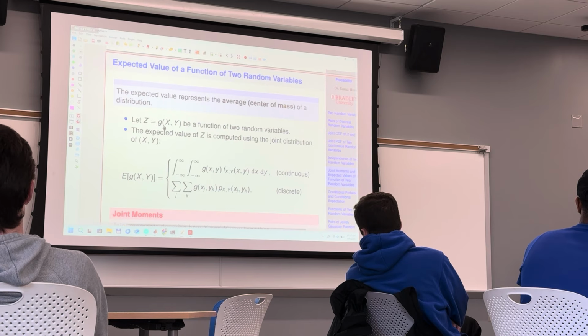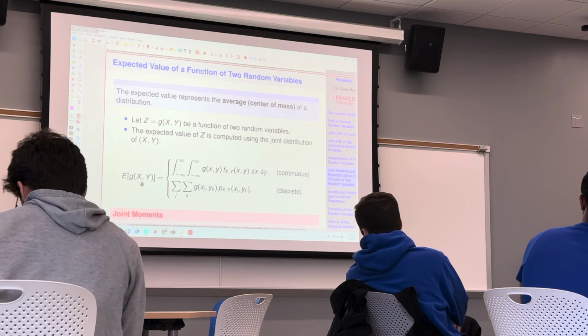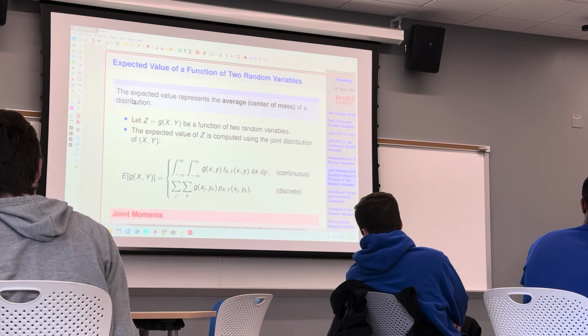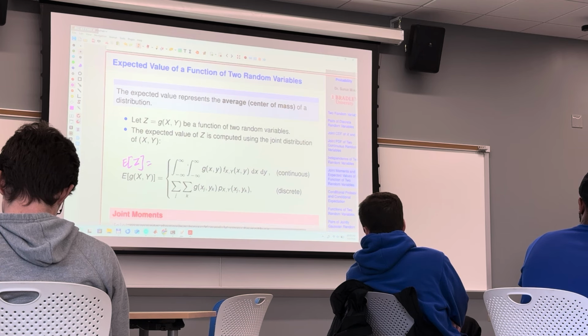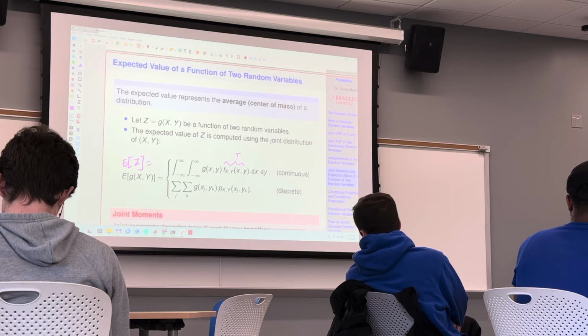So z is a function of two random variables. In that case, the expected value of z is just like what we did for the single random variable case. You use the same equations, but instead of a single integral, you use a double integral, and this is your joint PDF. In the single random variable case, you simply have a single PDF.